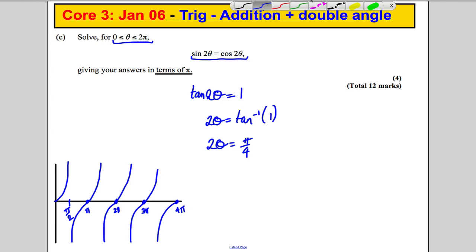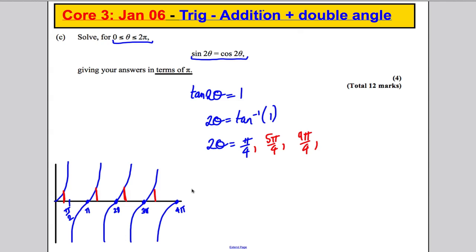Okay, so we know there's a solution at pi by 4, so there'll be one here, and one here. So pi by 4 from all of these roots. The other one clearly will be pi by 4 plus pi, which is 5 pi by 4. The other one will be pi by 4 plus 2 pi, which is 9 pi by 4.